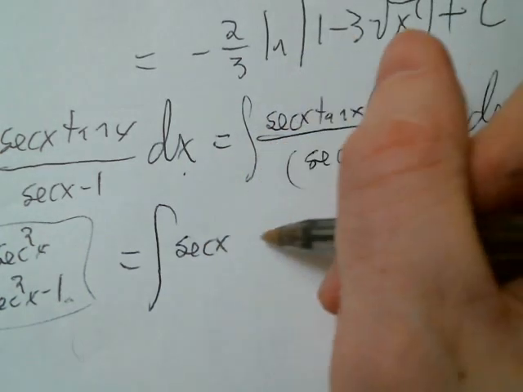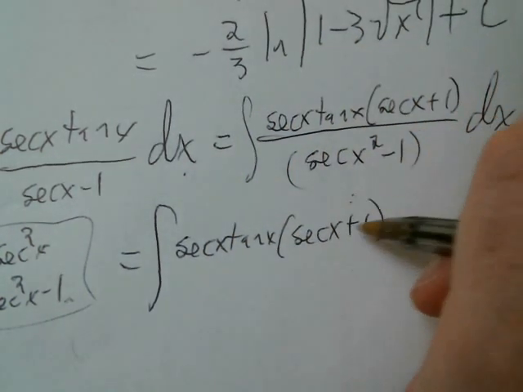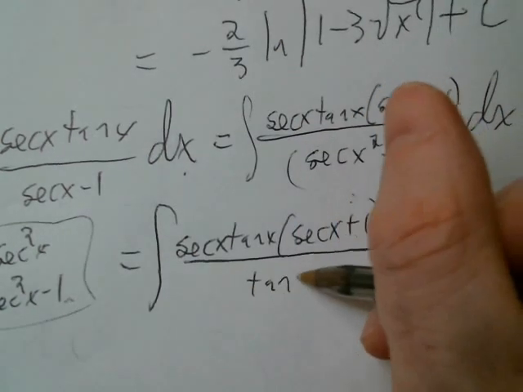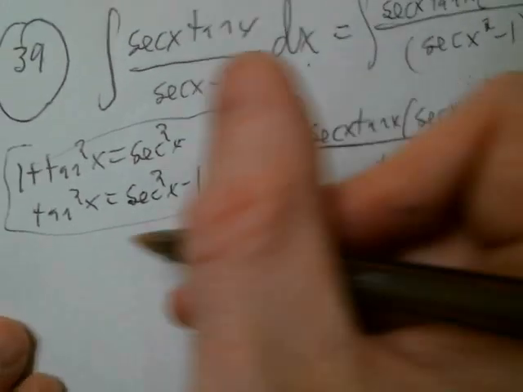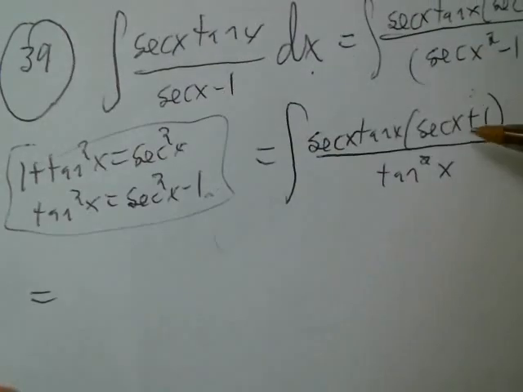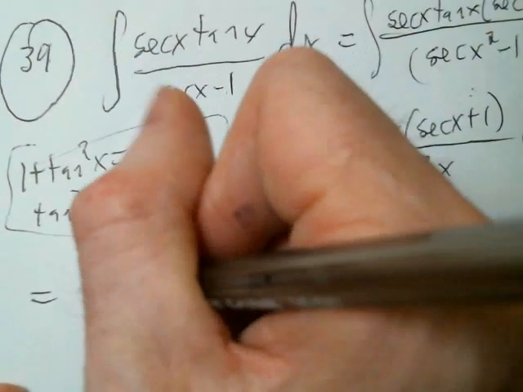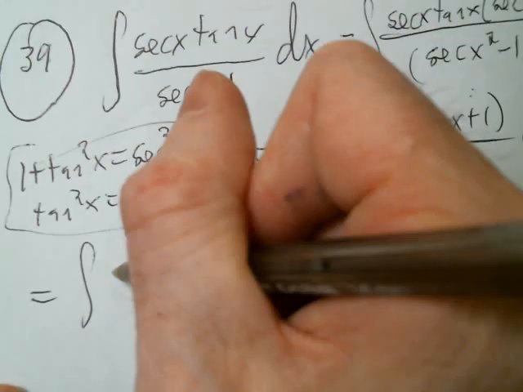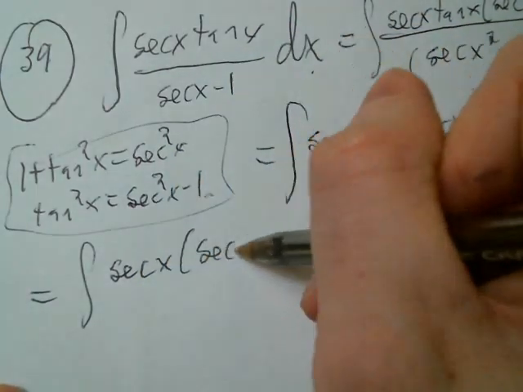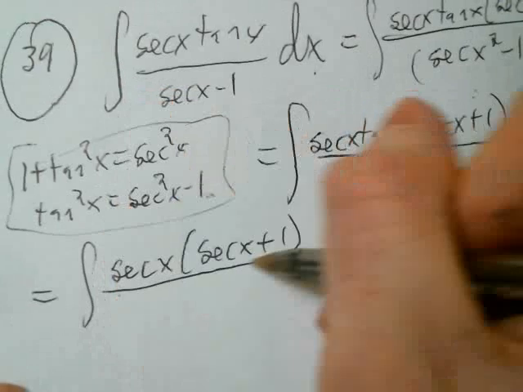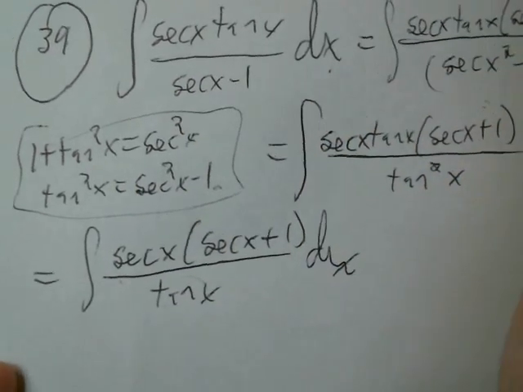So we get secant x tan x times secant x plus 1 all over tan squared x. Ugh, not very nice still. At least we get a little cancellation with the tan material. So we get secant x times secant x plus 1 all over 1 factor of tan x, dx.